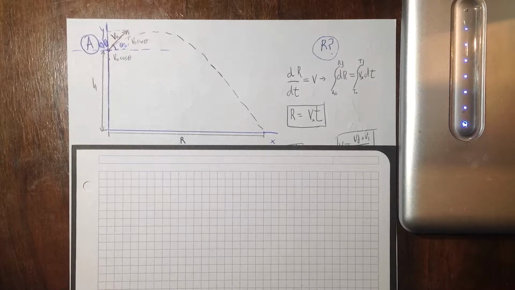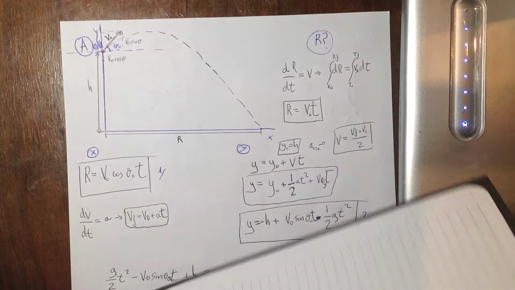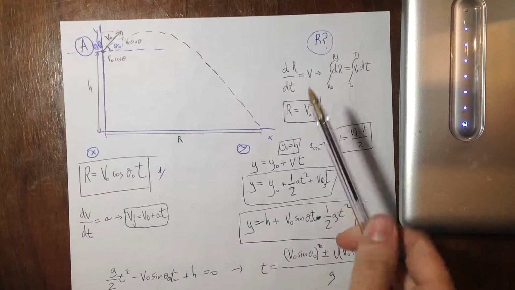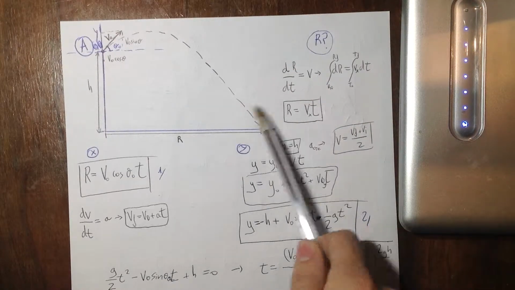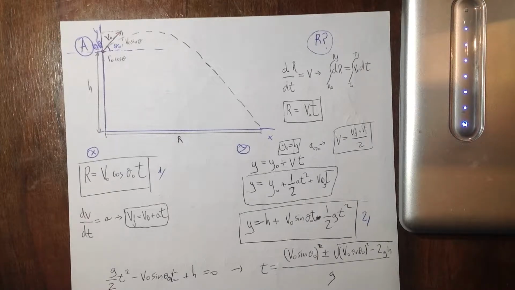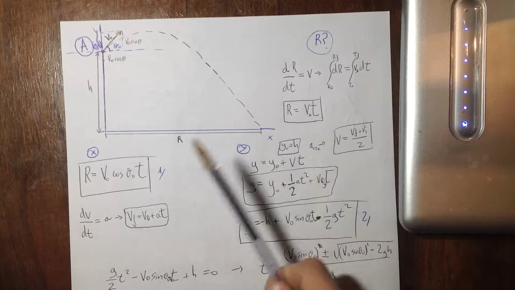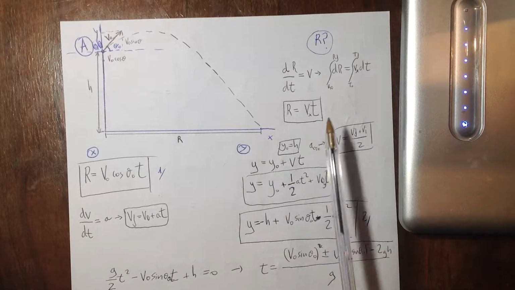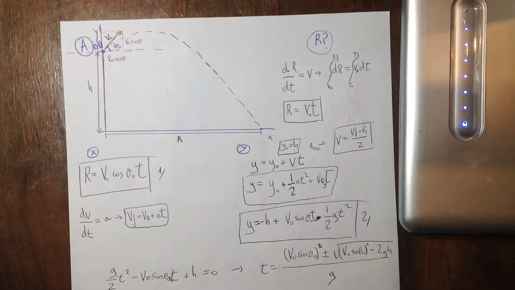Hi again, everyone. Now we're going to solve this problem. I'm going to remove this paper from here and shed some light on it. As we all know, the change in distance per change in time is defined as velocity, and we just have to solve this differential equation and integrate it on both sides.